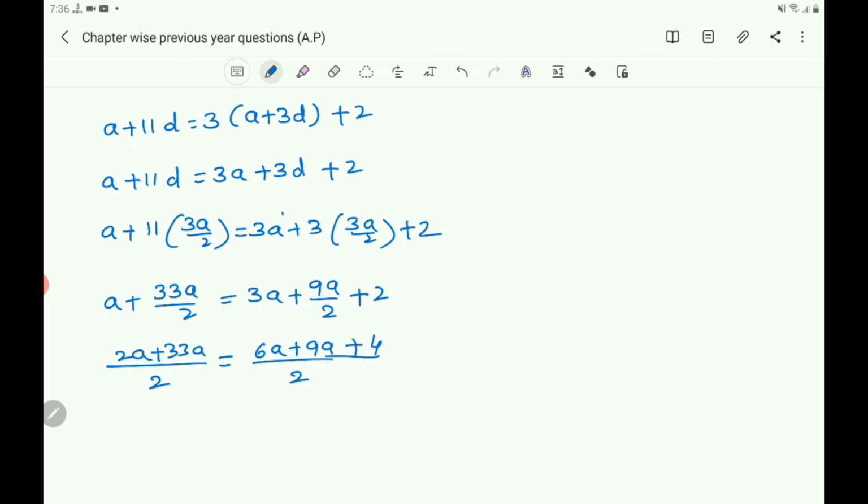Here 3a into 2 is 6a, 9a as it is, and 2 into 2 is 4.